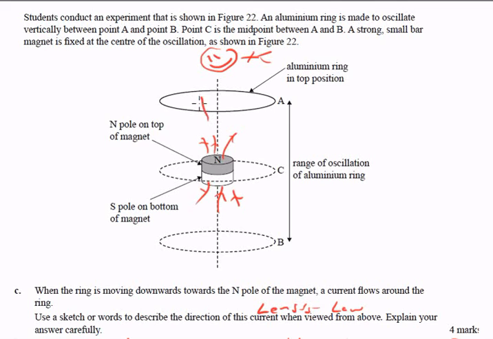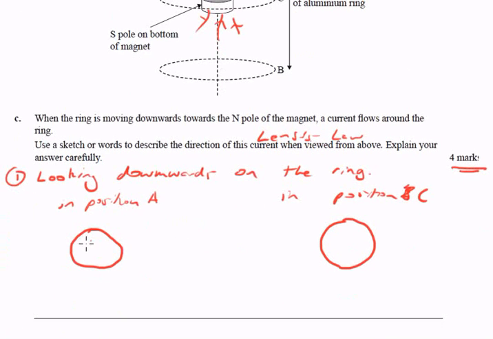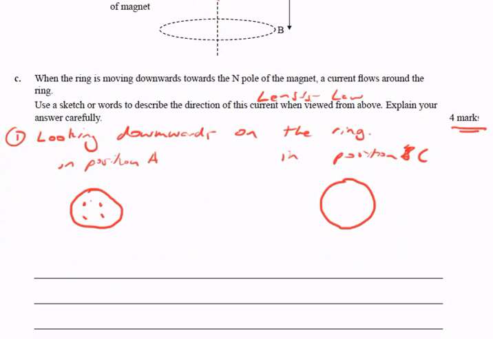So the field lines are going through the ring that way. Looking from above, those field lines are coming out towards him. They're coming out of the page. So they're dots. So when it's up there's a couple of dots, field lines coming out of this ring. When it's in position C, there's going to be more field lines. It's closer to the magnet. So there's more of the field lines.